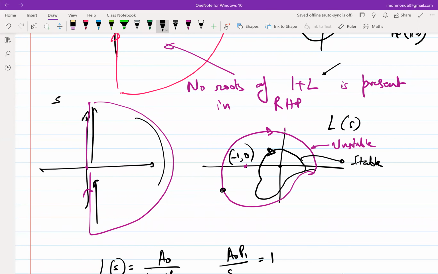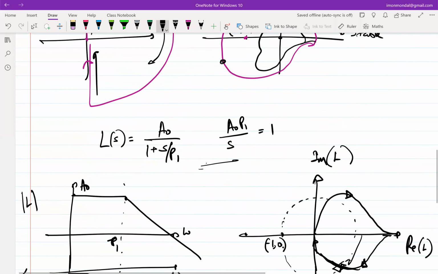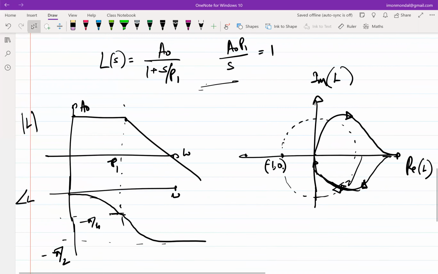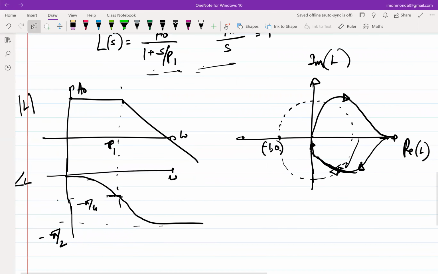What about this contour? We are not bothered because that is essentially 0. Even though that's this infinite round in the S domain, in the L domain it is essentially one single point, 0. So you don't really bother. That's the beauty of your Nyquist plot: you can basically ignore many of the things that might seem tedious. So this clearly is a first order system, clearly stable, no surprise.